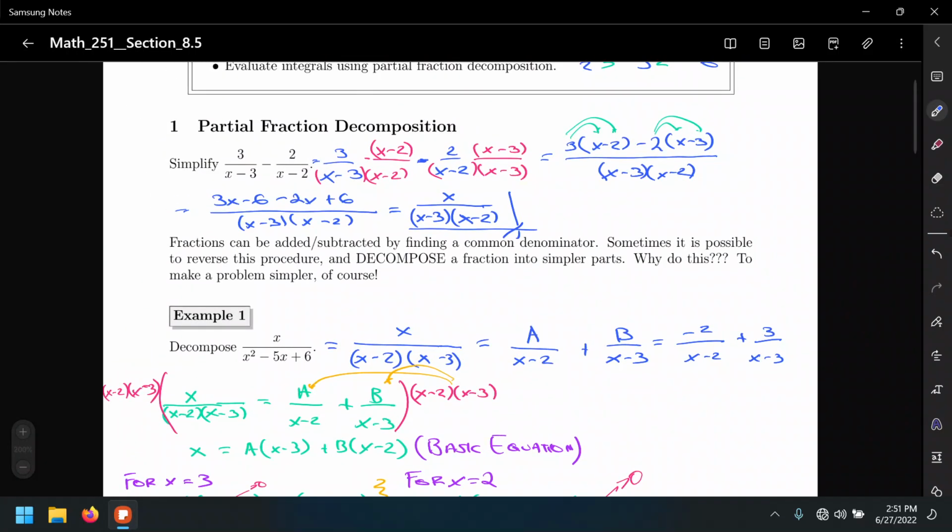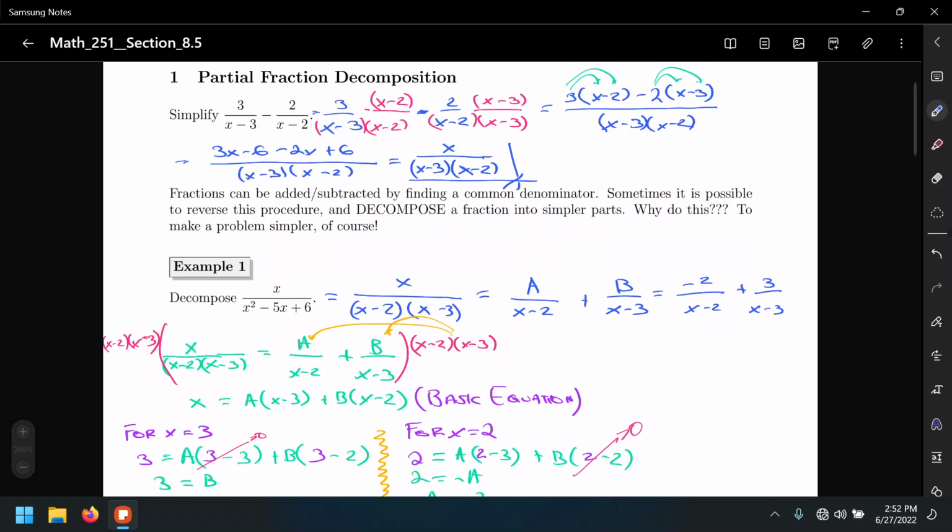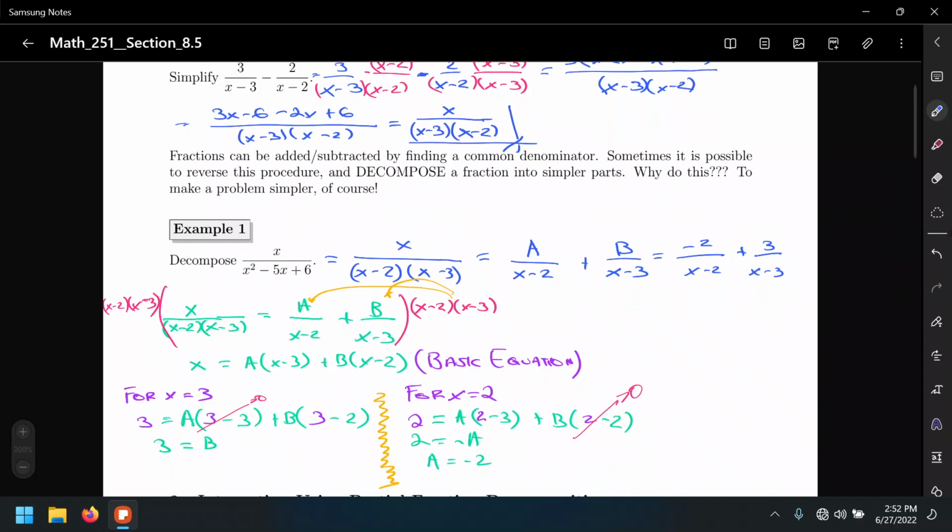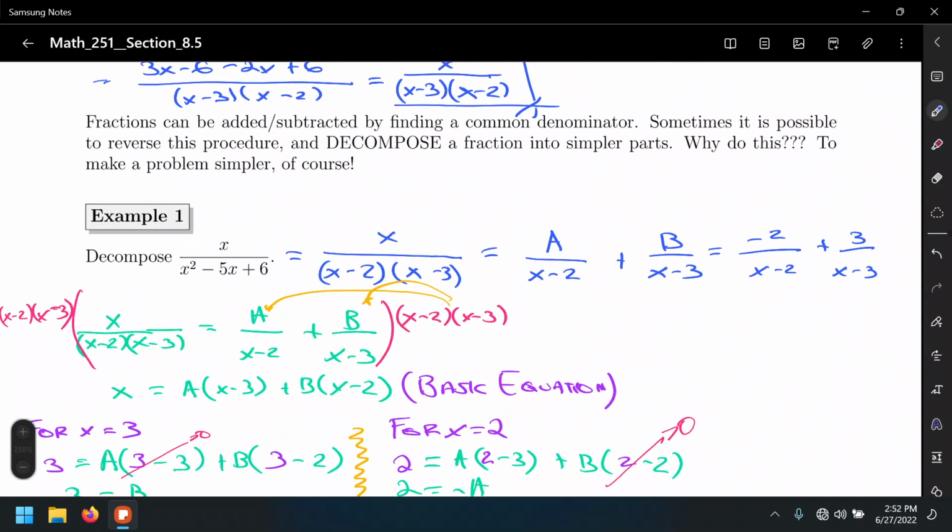It's just in the reverse order that I wrote it. With this exercise I did one problem combining the fractions together, and now we do the reverse to break it apart, which is the inverse process. And typically, inverse processes take longer than regular processes, and it's not going to be the exception for partial fraction decomposition.